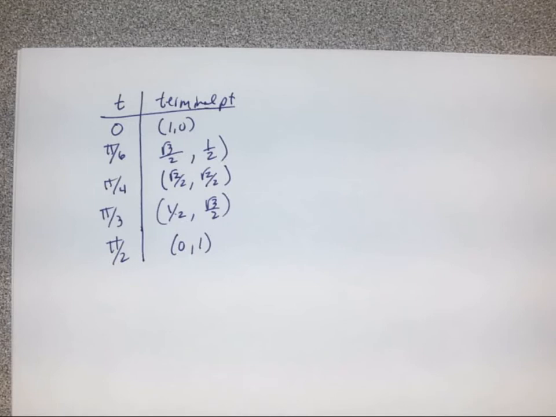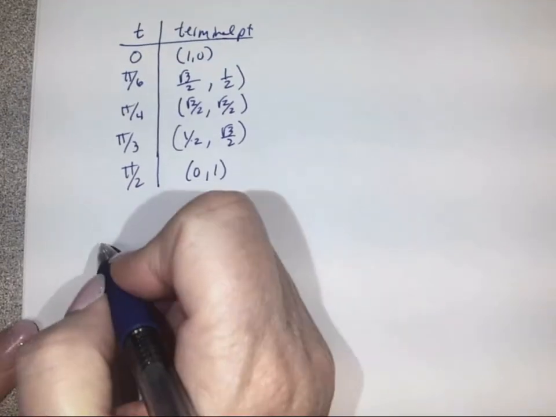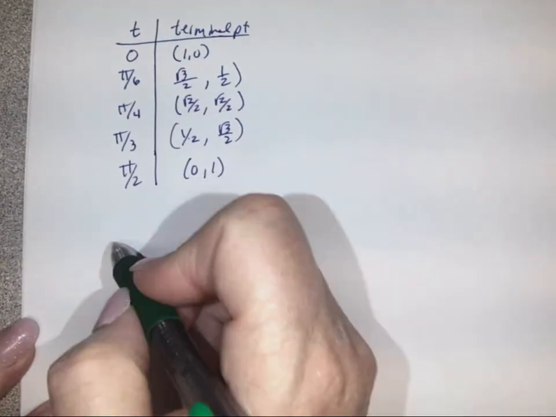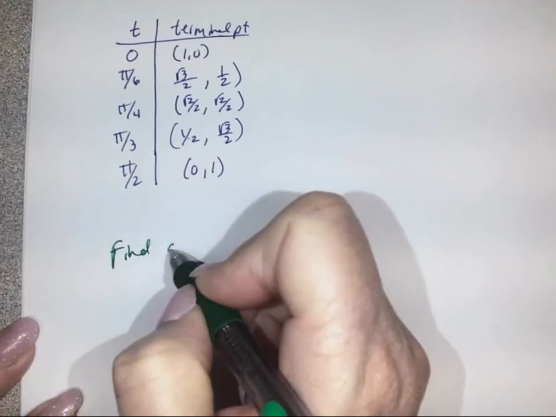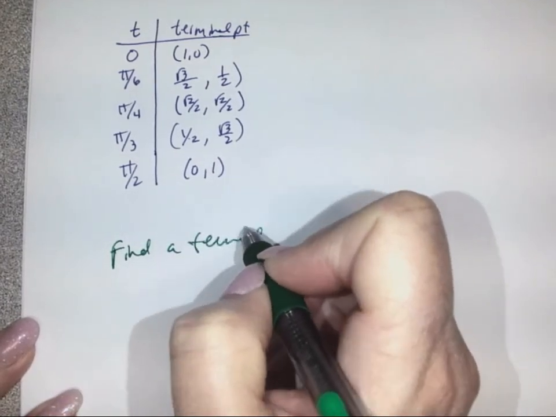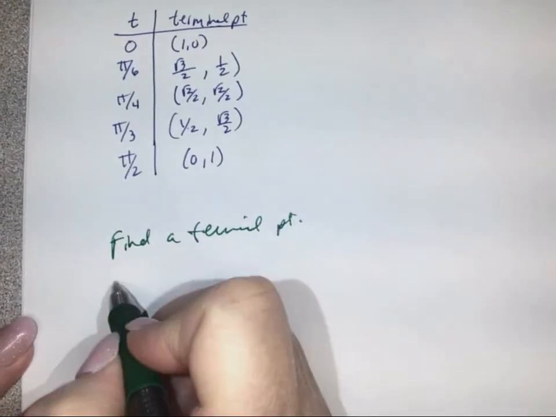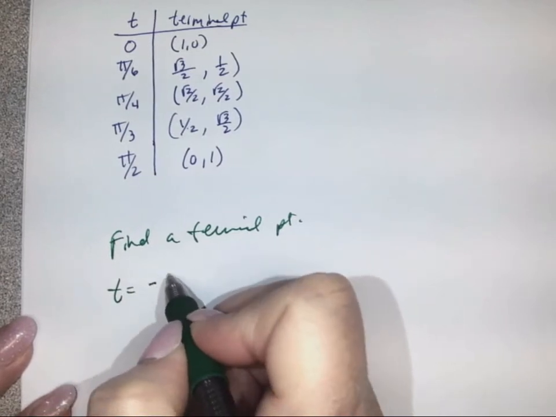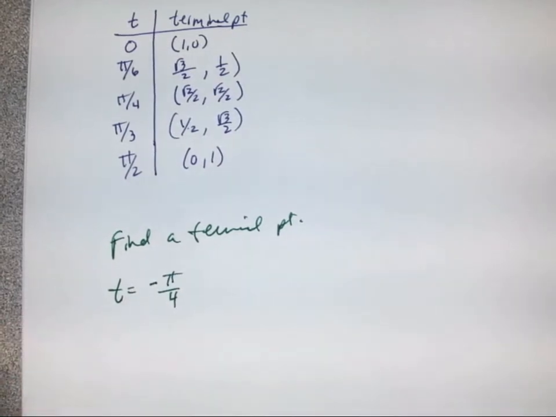All right, so let's find a terminal point. If we are given that t is equal to negative pi over 4, that tells us it's a negative number.